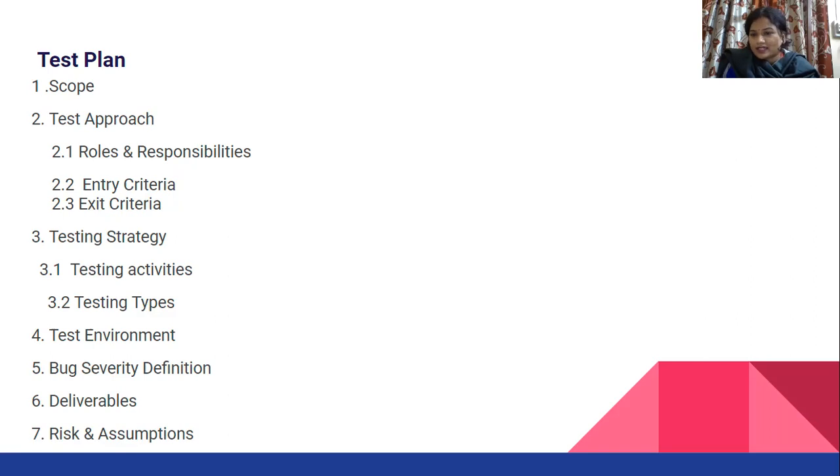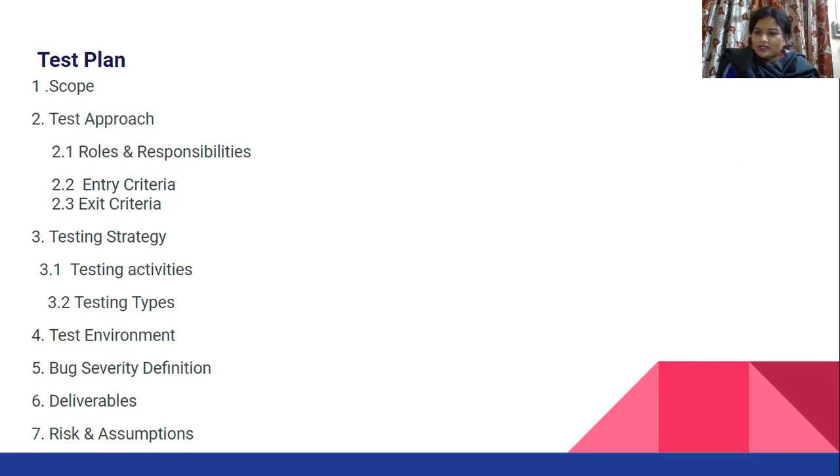Whenever the application is ready to be launched, when it doesn't have any critical or blocker bug that impacts the software business flow, at that time we can say that we can launch the product. That is defined in the exit criteria.